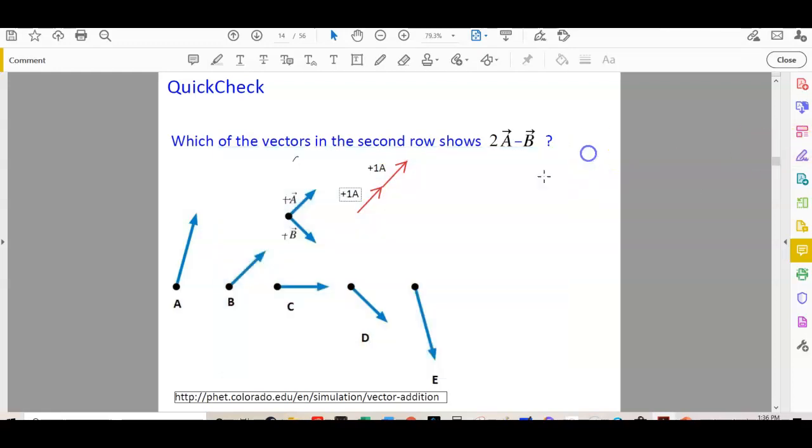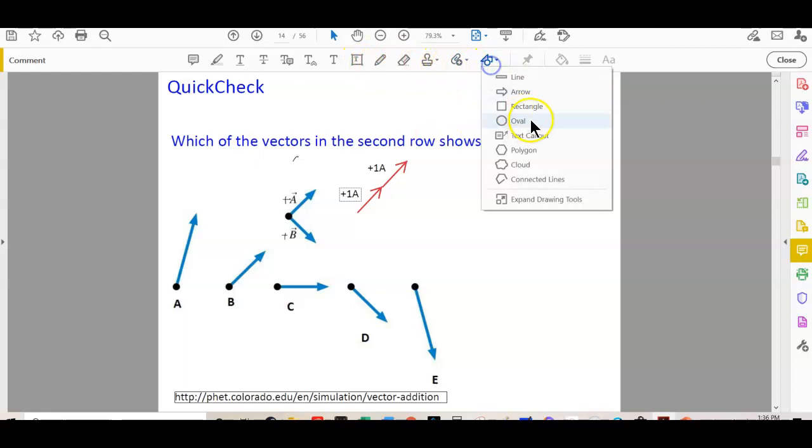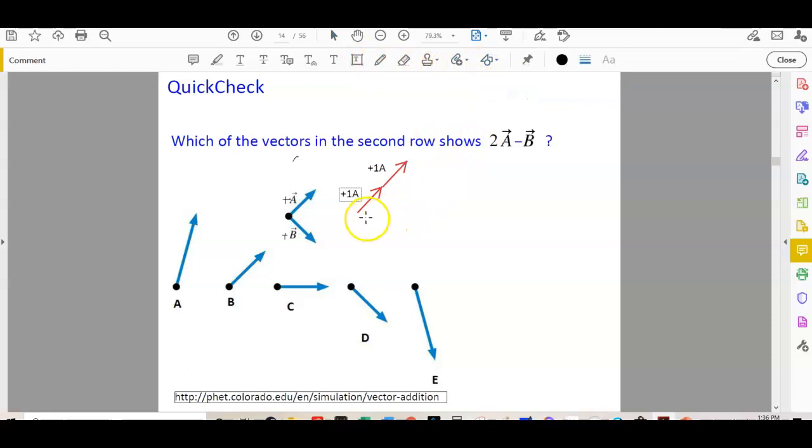And so I have a positive 1A vector and another positive 1A vector. Well, isn't that just a 2A vector, right? So there you go. That makes sense.